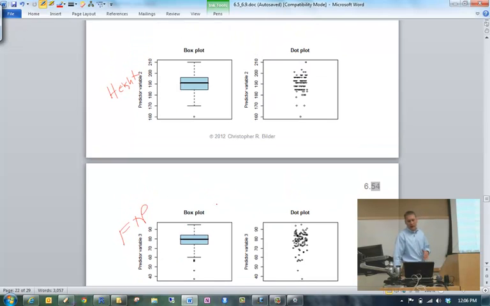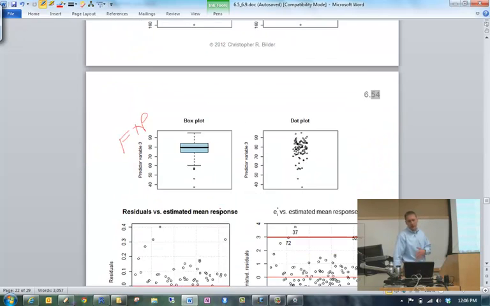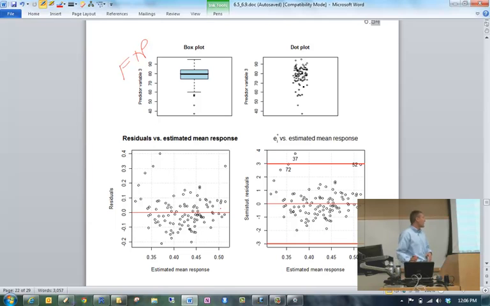So, for example, let's look at free throw percentage here. Notice there's actually some player that makes only about 40% of his free throws. I don't think Shaq was in the NBA at the time, or was he? I want to say he wasn't.